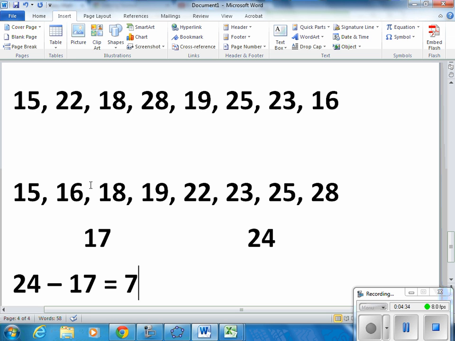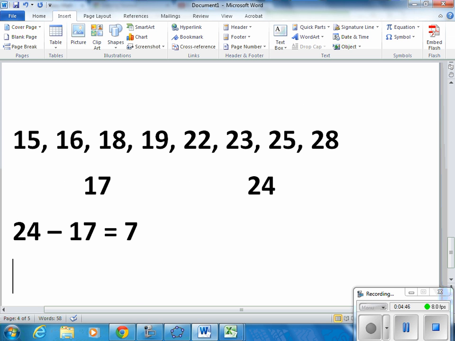If the middle of the middle falls between 2 numbers, then you need to find the average. These examples are fairly simple, but in general you would add the 2 together. So to find the average of 16 and 18, it equals 34.